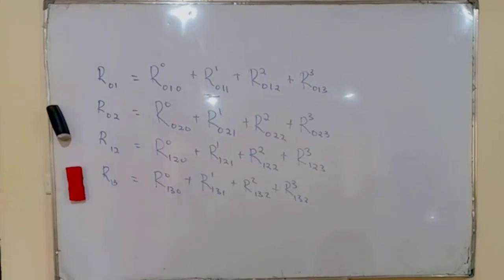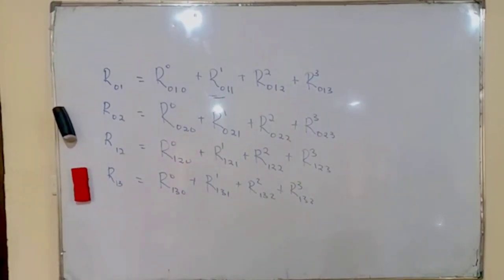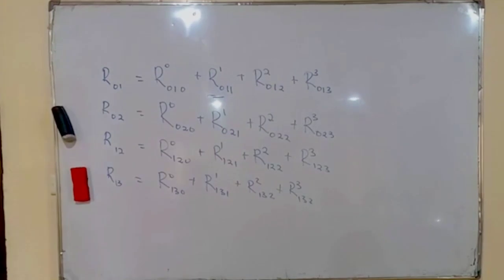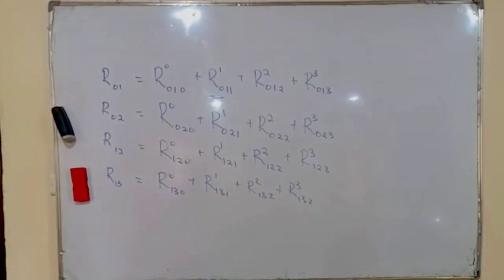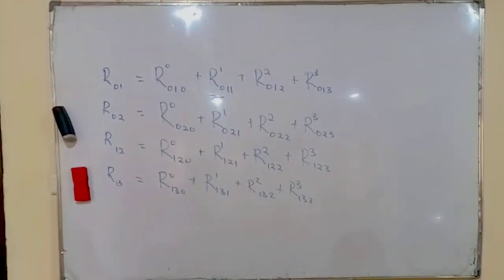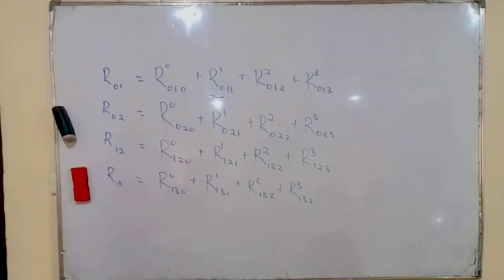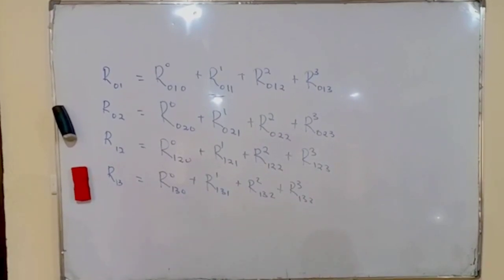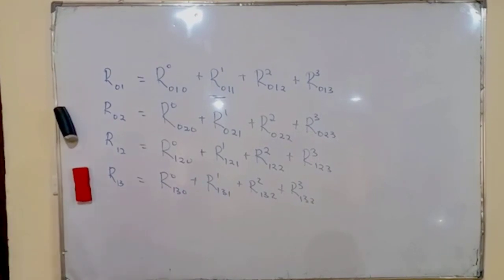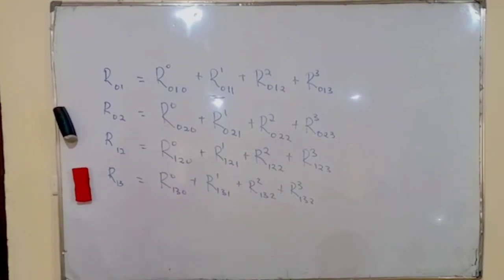So let's see R0130, R1131 is also 0, R2132 is also 0, R3133 is also 0.